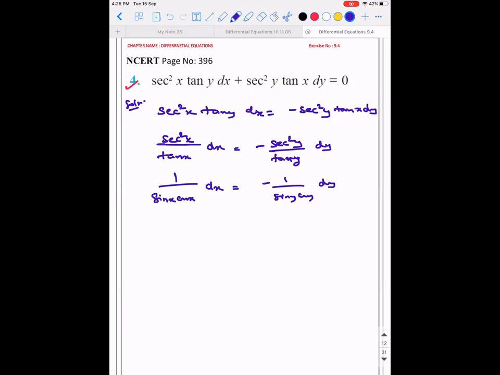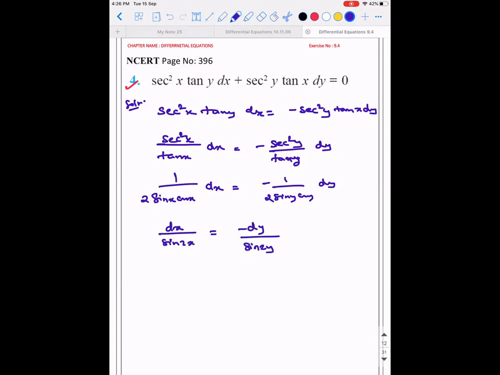Okay. Now you can multiply with 2 on both the sides. So what are you going to get? Dx divided by sine 2x is equal to dy by sine 2y.